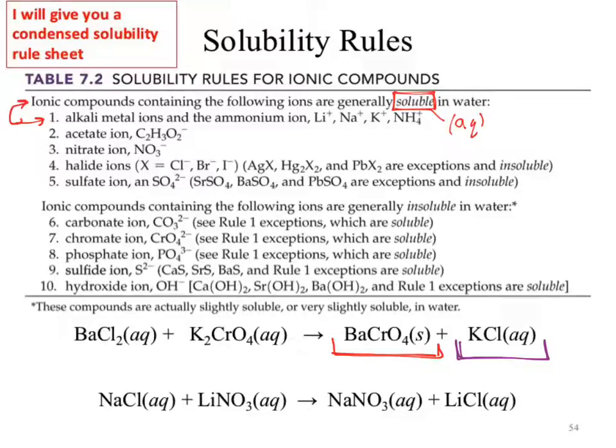Do we see a rule about the chloride? Rule 4. What does the rule about chloride say? Halides are generally soluble. So both rules are telling us the same thing, that it's soluble.